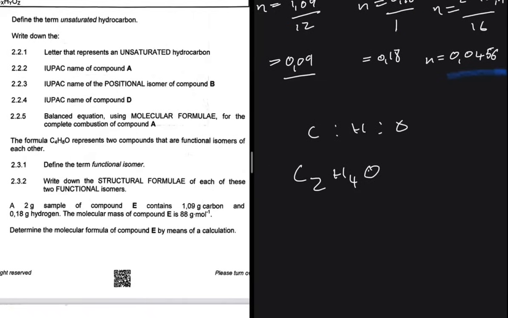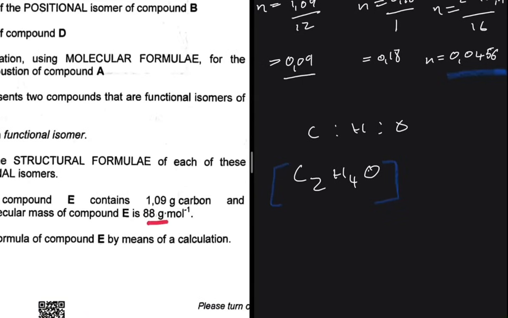But it doesn't end here. We're looking for the molecular formula, so we have to take it a step further. We have to multiply this ratio by some number. To get that number, we divide the molecular mass of compound E that is given to us by the molecular mass we have from this formula.